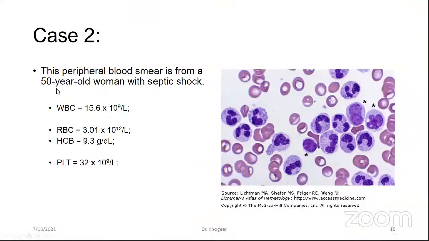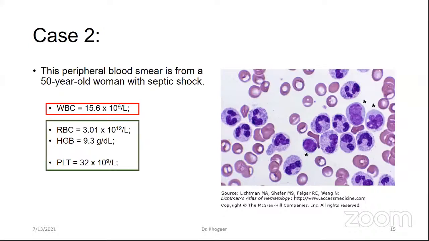Case 2. This peripheral blood smear is from a 50-year-old woman with septic shock. Here the laboratory data shows white blood cells 15.6, low red blood cells, low hemoglobin, and also low platelets.